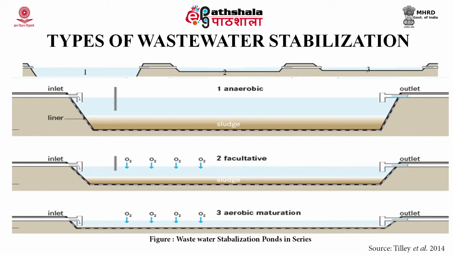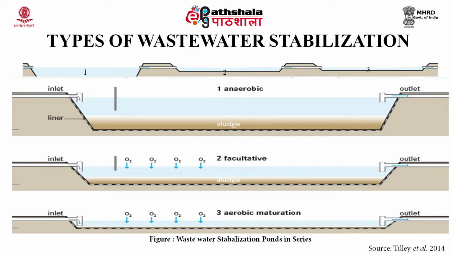The treated effluent from the anaerobic pond is transferred to the facultative ponds, where further BOD removal takes place. The top layer of the facultative pond receives oxygen from natural diffusion, wind mixing, or the algae present in the top layer, which are photosynthesizing and releasing oxygen, but the lower layer is deprived of oxygen.